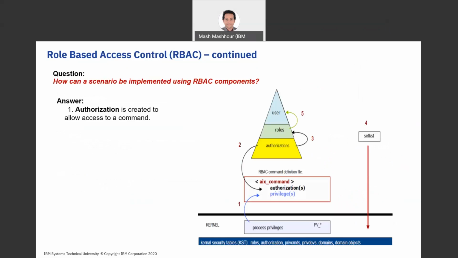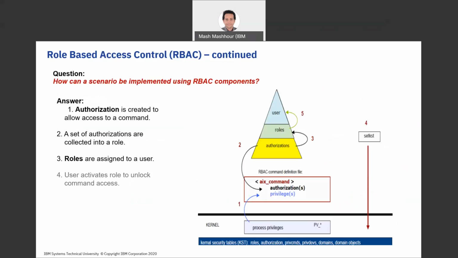Okay, look at this. This is a chart. Number one, if you see in the chart on the right, the AIX command, which is attached to an authorization, is having a privilege. The second thing, the authorization is talking to the roles.